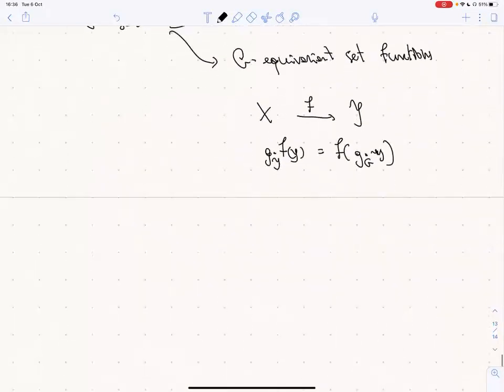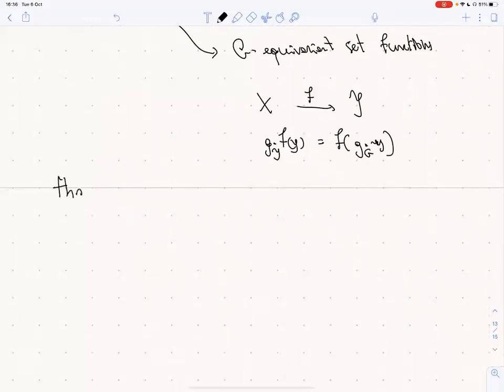And now the theorem: G sets is equivalent to set to the G. Now I should mention what equivalent means.